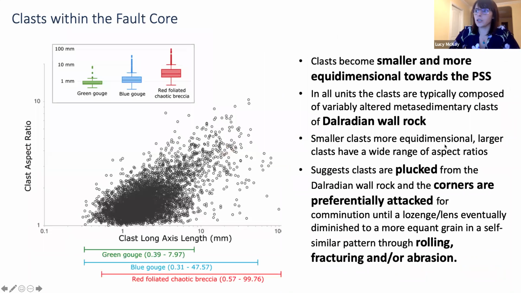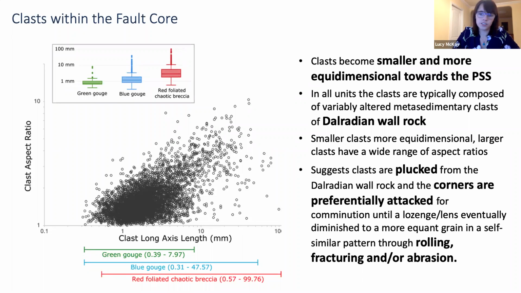But just to repeat what I've said, our data suggests that the clasts become smaller as you get closer towards the fault. So you've got an equidimensional aspect ratio of 1 for clasts within the green gouge, and they become more lenticular in shape as you move towards the red foliated chaotic breccia.